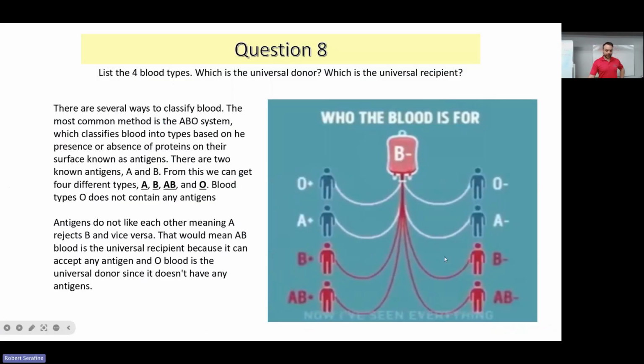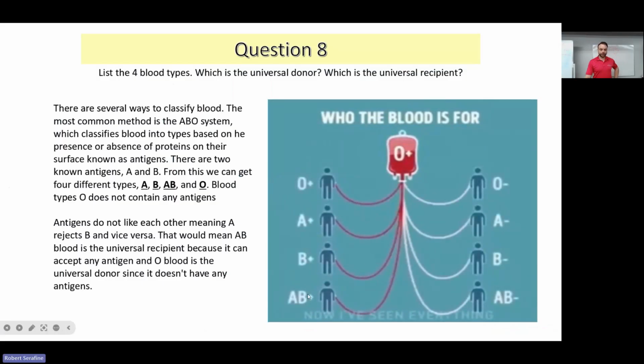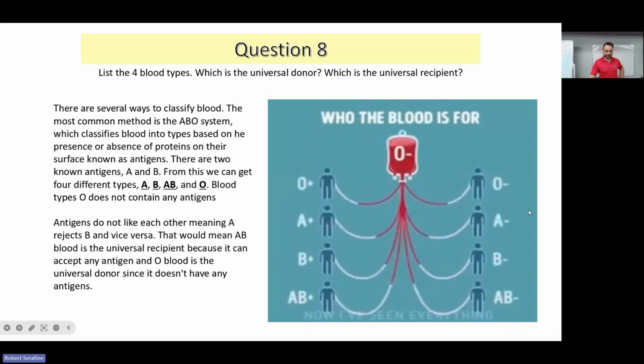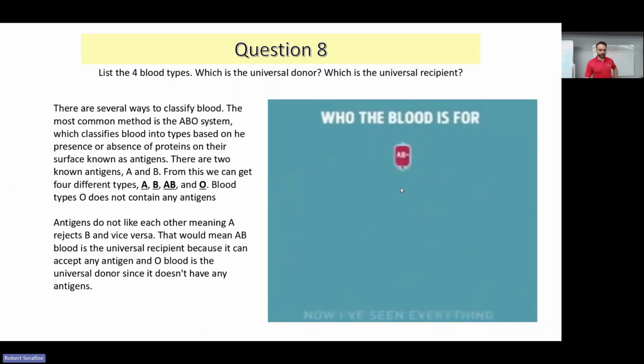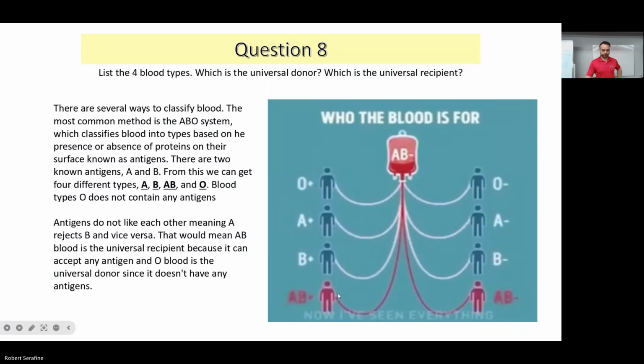Then we'll see that type O positive can go to all of them on the positive side. O negative, we'll see, goes to every single person in this particular case. So O negative is the absolute universal donor. Anybody can take O type negative. And then AB positive can only go to AB positive people. AB negative can only go to AB negative and AB positive.